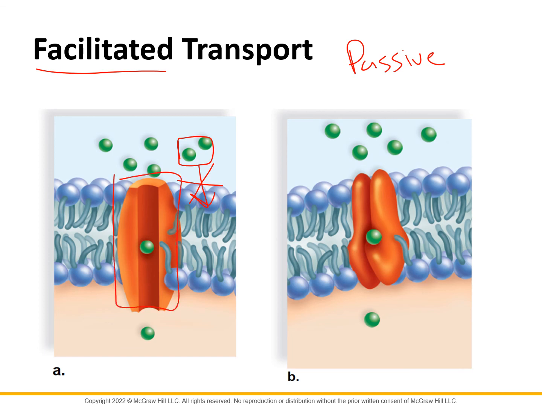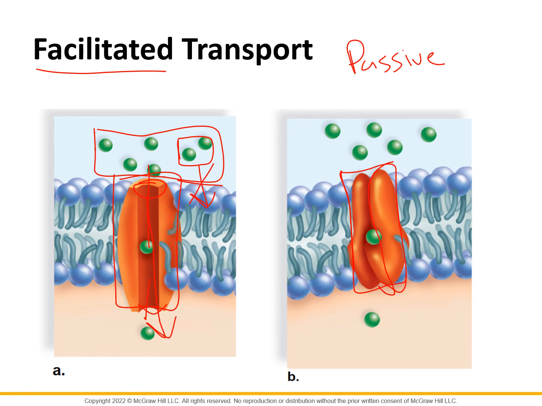And this can involve a channel. So a channel, remember, kind of looks like a tunnel, allowing the molecules to move across. Or it can involve a carrier protein. Carrier protein has to change shape to sort of chaperone the molecules across. But either way, the direction of movement is going to go from an area of high concentration to an area of low concentration until you reach equilibrium.